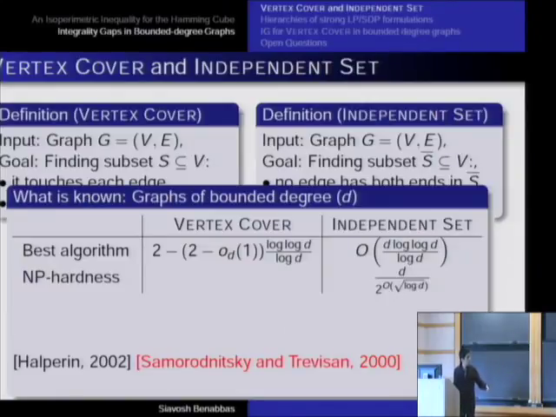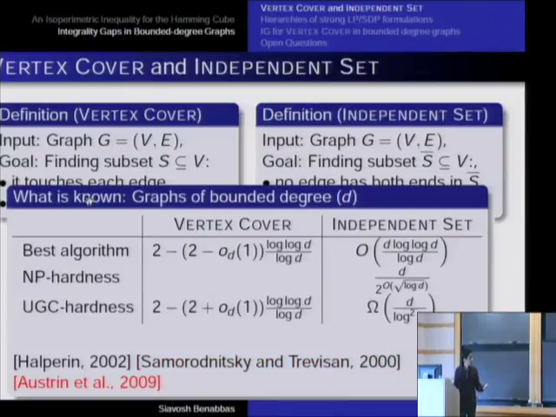It's d over some factor which is sub-polynomial for independent set. And if you assume the unique games conjecture, we know that this algorithm is essentially tight. You can't really break this 2 minus log d over d barrier. There are some lower order terms that you might be able to improve.